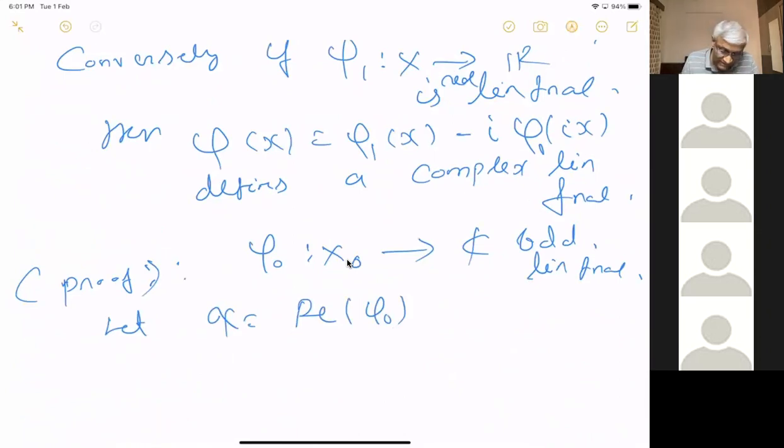So let chi be the real part of phi naught, which is a real linear functional.